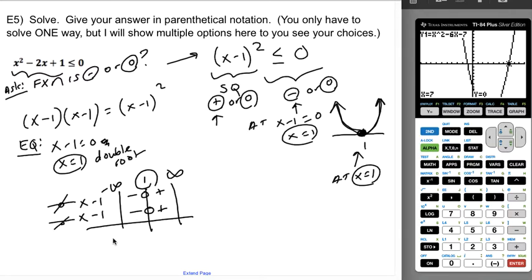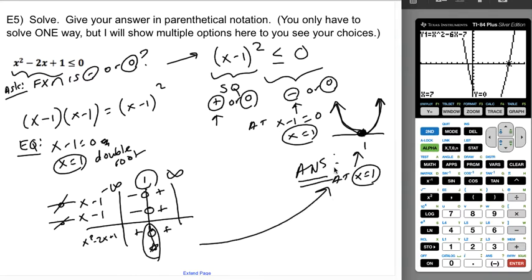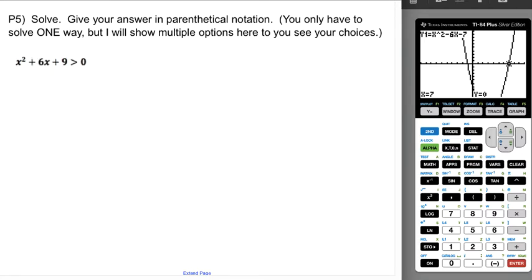The same factor twice. So what's going to happen is your x squared minus 2x plus 1 is going to net positive all the time except at 1 where it's 0. So your only answer to when is this thing negative or 0 is at x equals 1. So my answer is literally just x equals 1. It's not an interval.